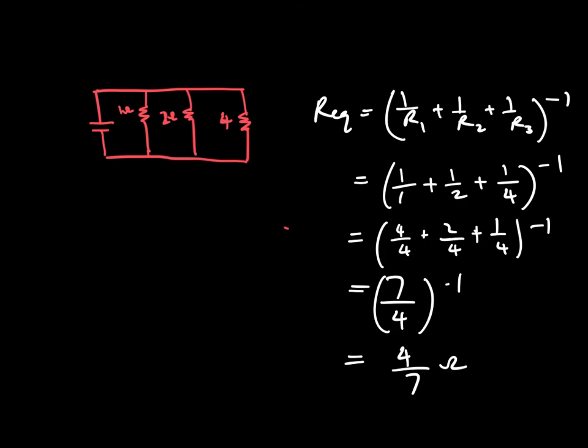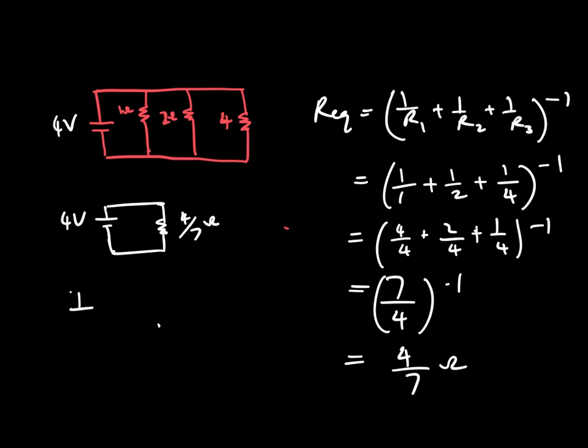So again, that means that you could replace this whole setup with a single resistor of value 4 over 7 ohms, and you will obtain the same effect. So let's just say the voltage here was 4 volts.